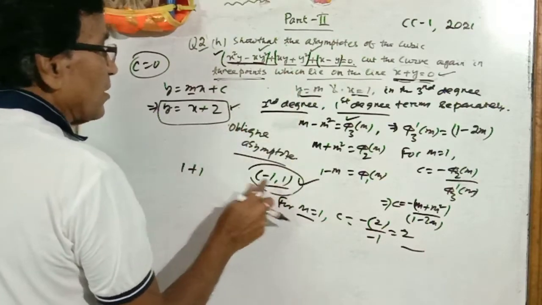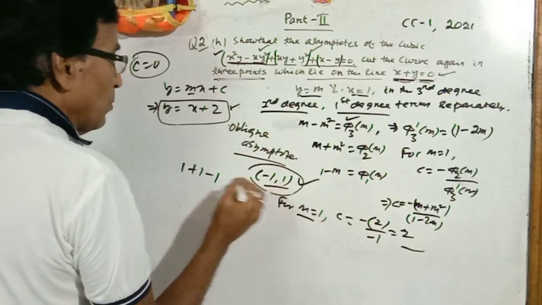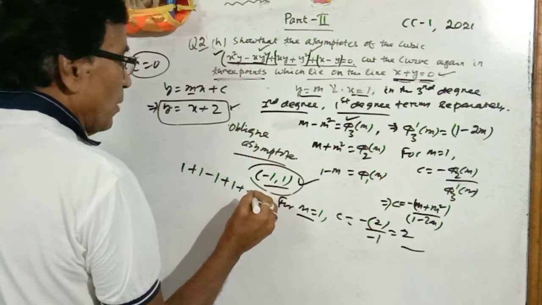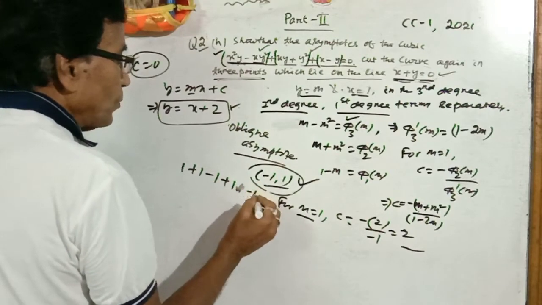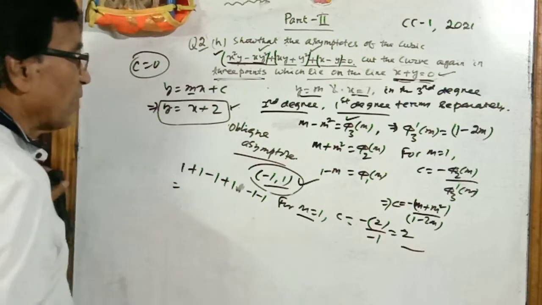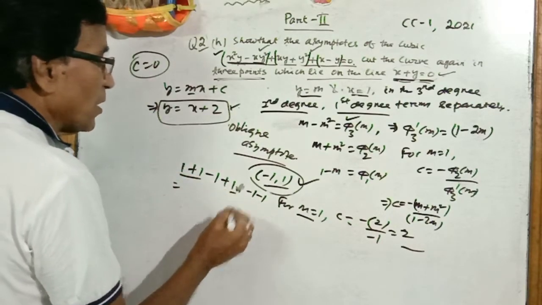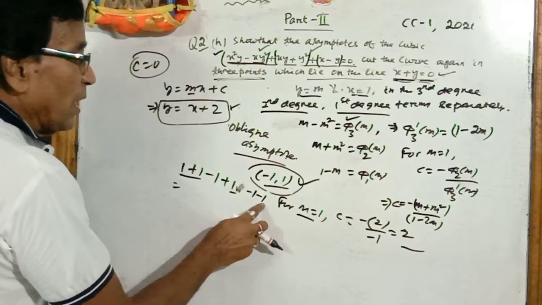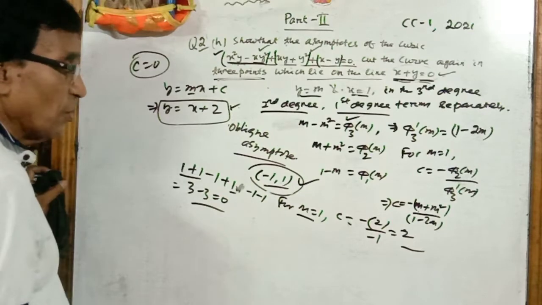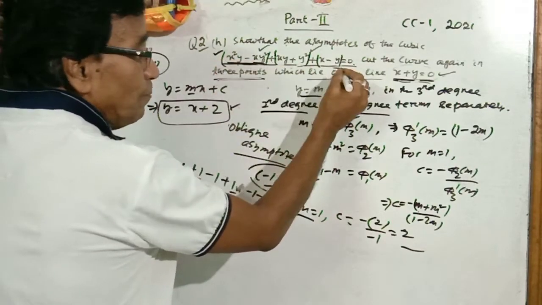Here xy is equal to minus 1, plus y square means plus 1, plus x is equal to minus 1, and minus y, minus 1. Whether its value is equal to 0 or not: it is 1 plus 1 plus 1, that is 3, minus 1 minus 1 minus 3. So 3 minus 3 is equal to 0. That means this is the point which is lying on this curve.